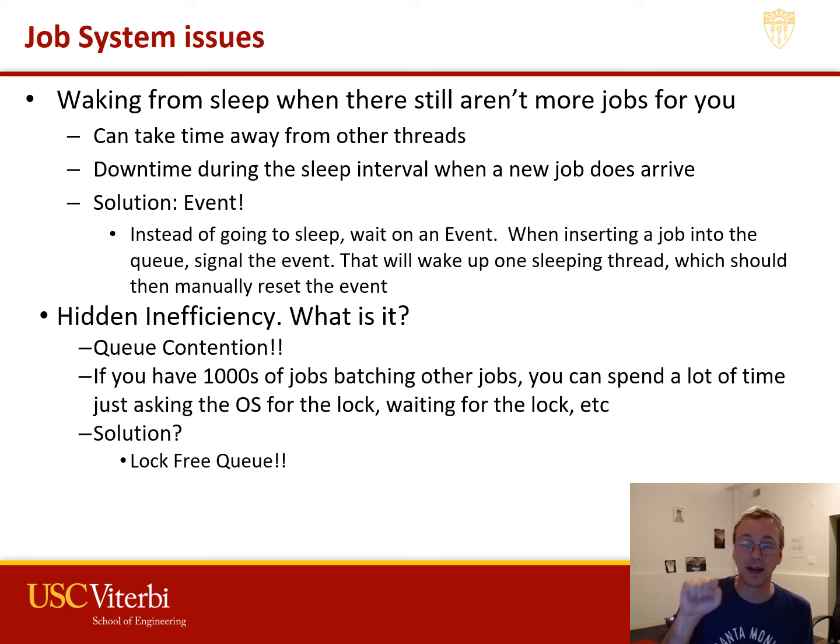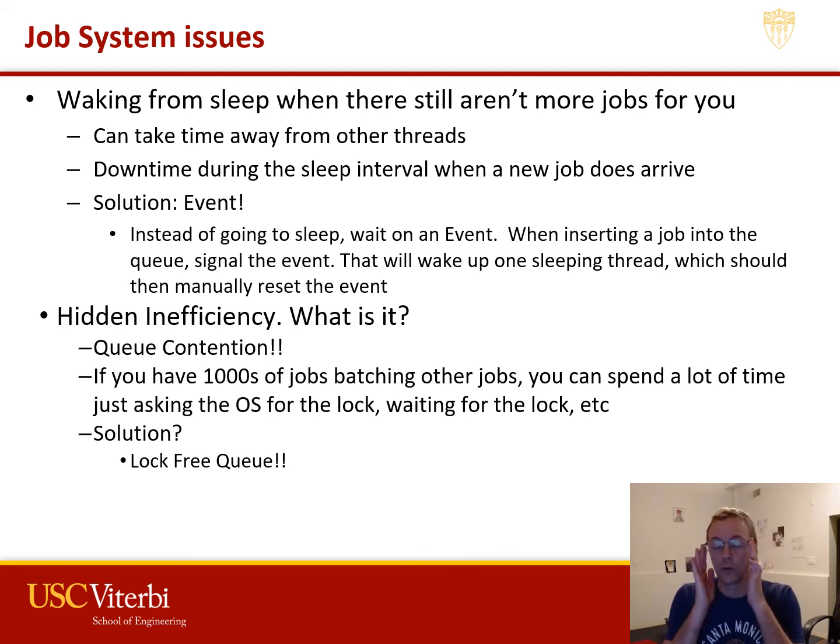We might be nice and release that resource for something else to use when there are no jobs. How could we do that? The best way to do it is with some kind of event where the worker thread, when it detects there are no more jobs, goes to sleep, releasing that core for the operating system to use for something else.